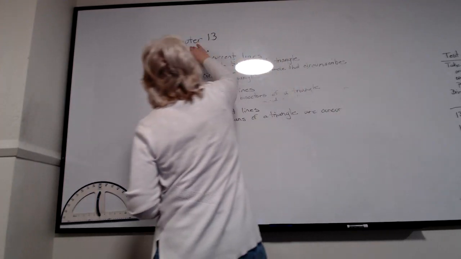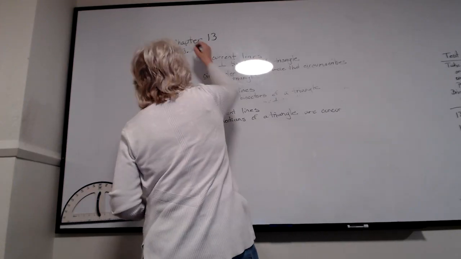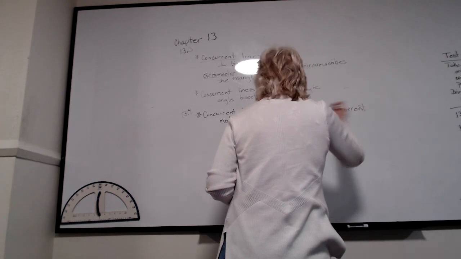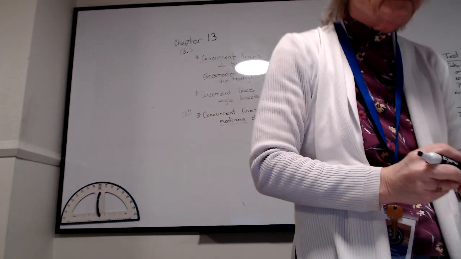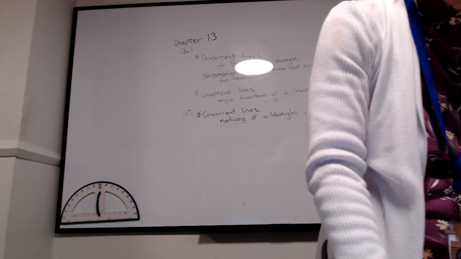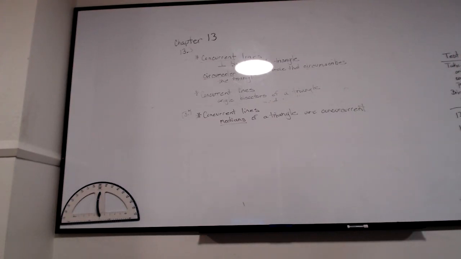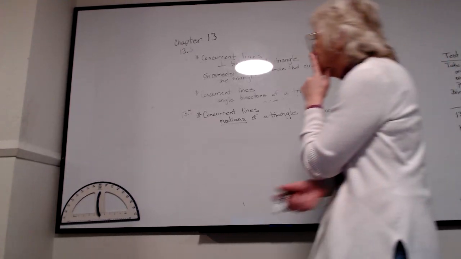This is 13.4, sorry, I'll put it down here, 13.4. Okay. Somebody tell me, what is a median? Isn't it like the thing in the middle of the road that separates? What's the median of a triangle? That's going back, now we're refreshing, we have to remember.